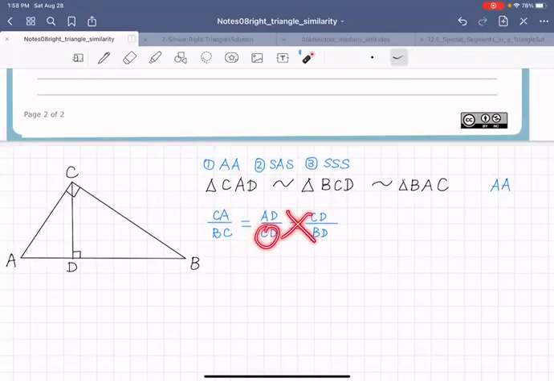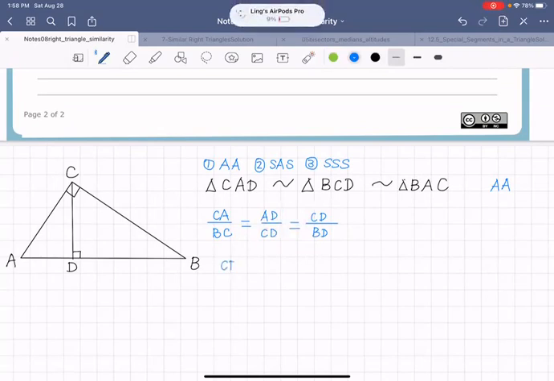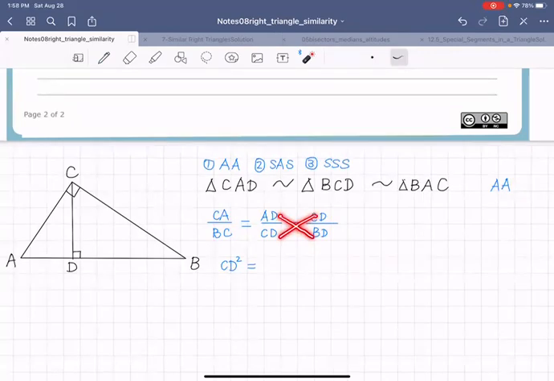So cross multiplication, CD squared equals AD times BD, right?